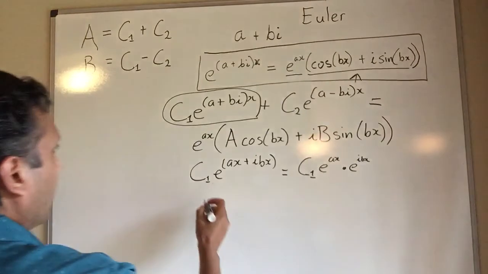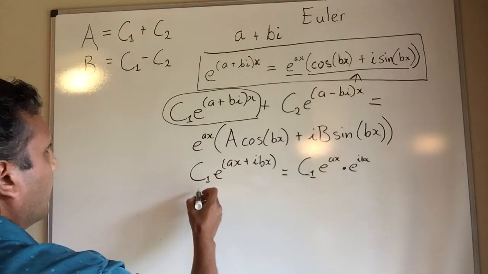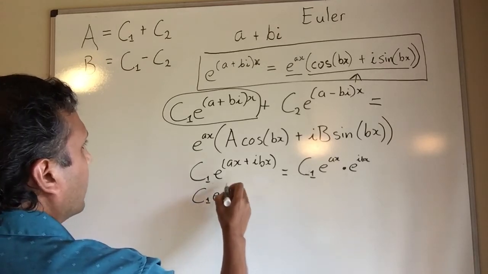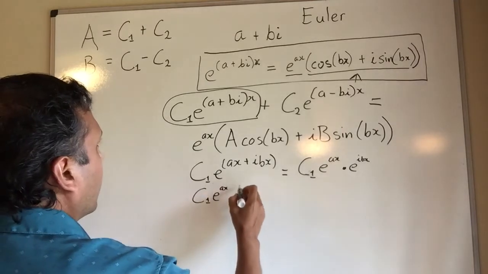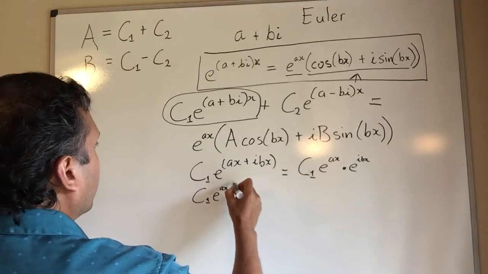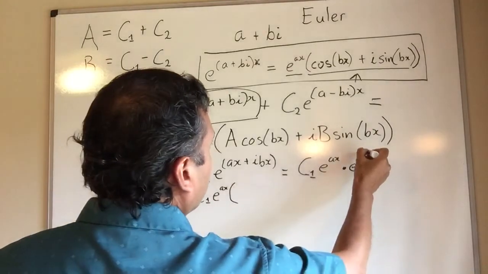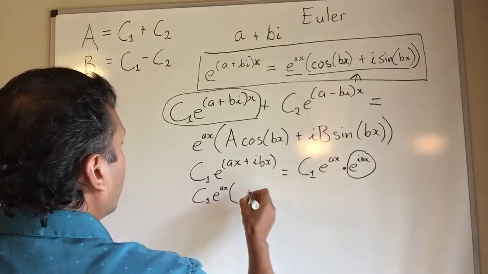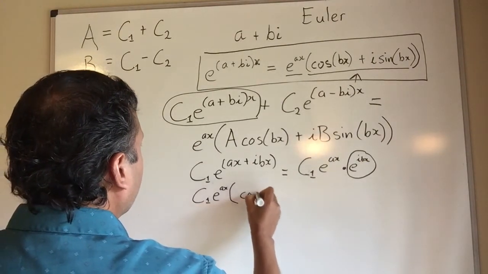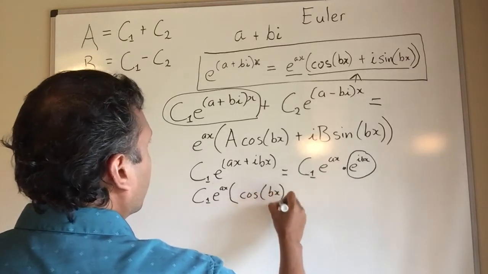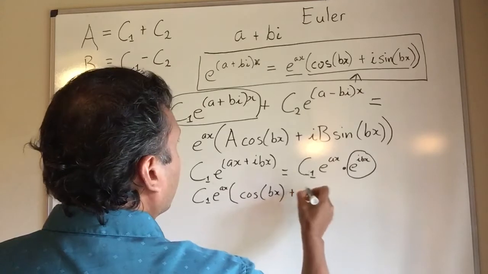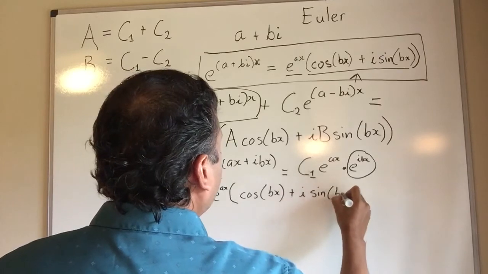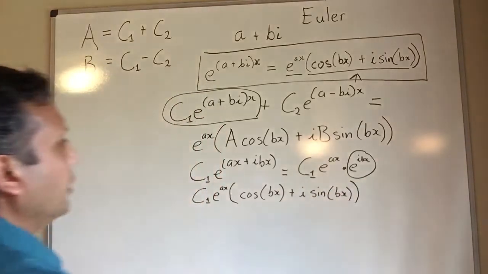So I'm going to write C1 e to the ax, then open the parentheses, because I'm now changing this value to the trigonometric values, cos bx plus i sine bx, and close the outermost parentheses.